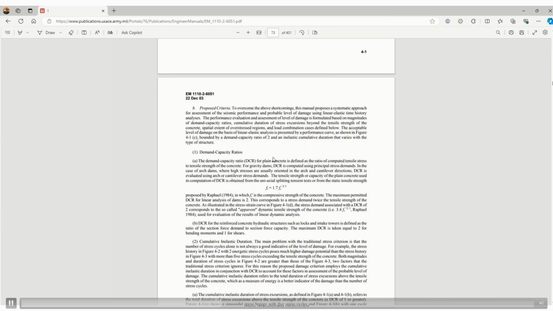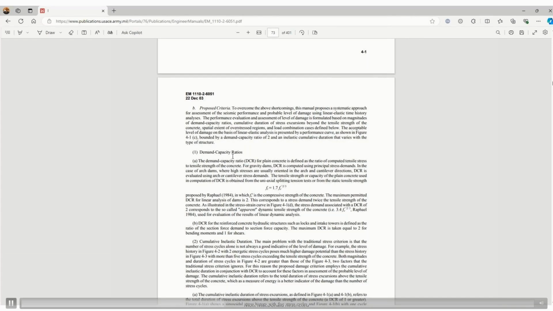So for say M25, for direct tension it is about 3 MPa. Yes, about 3 MPa.